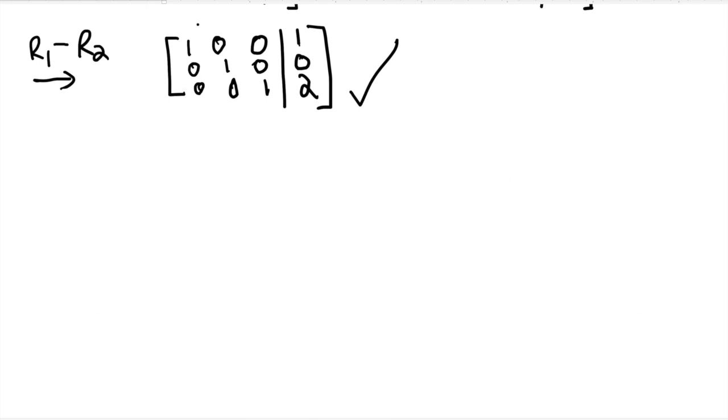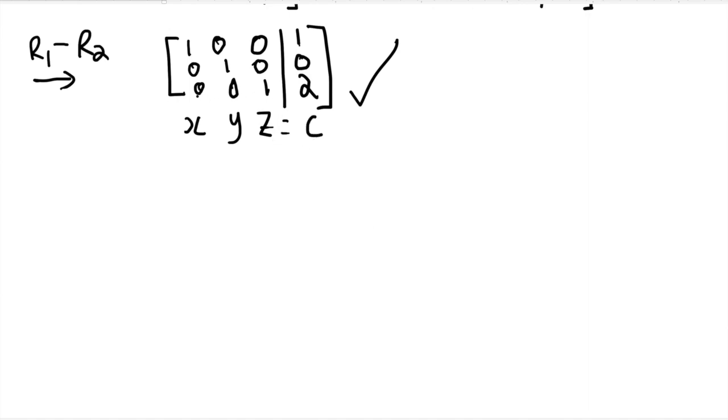And I'll show you how. So this first column here represents the coefficients of the variable x. The second column are the coefficients of y, and then the third is z. And then you can imagine this vertical line as the equal sign. And then these are the constants. I'm just going to write C for constants.